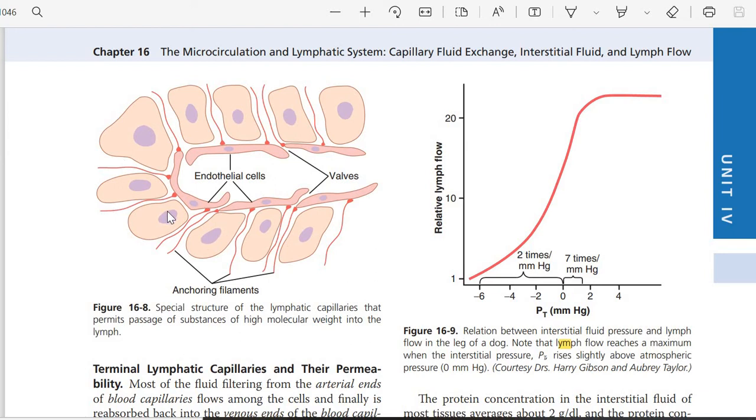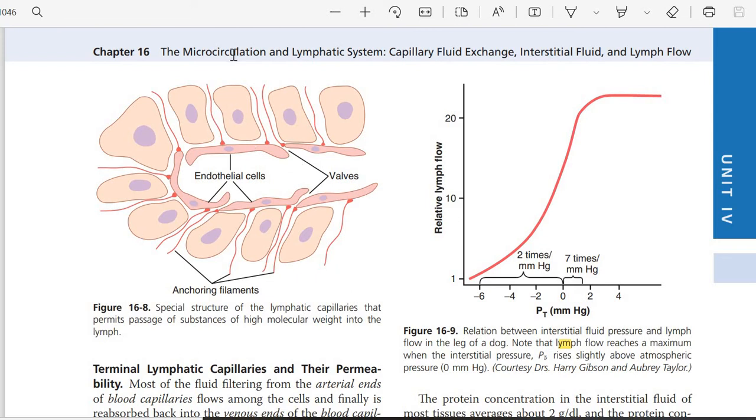Now this figure is showing that the endothelial cells of lymphatic vessels are attached to the tissue by anchoring filaments. Their ends are attached in such a way that they make a flap valve.